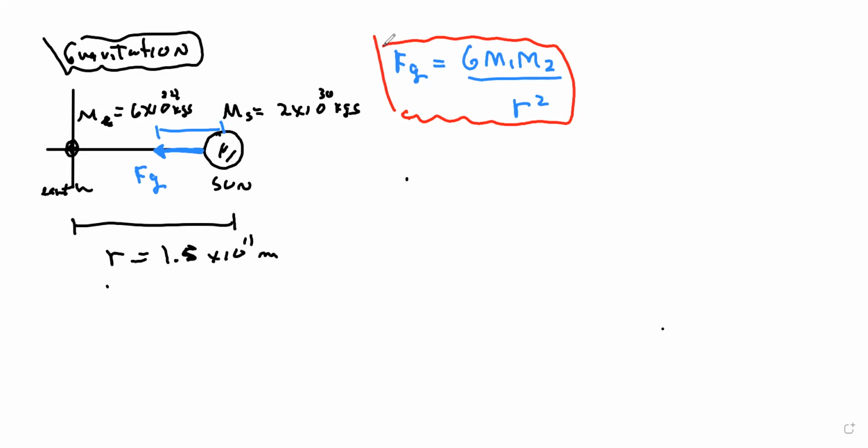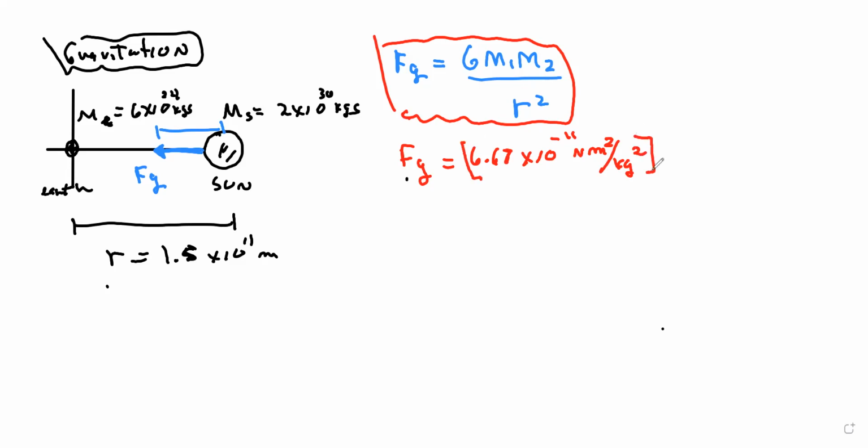Okay. So the force of gravity is going to be 6.67 times 10 to the minus 11. That's going to be Newton meters squared over kilogram squared. This is the constant of gravitation.